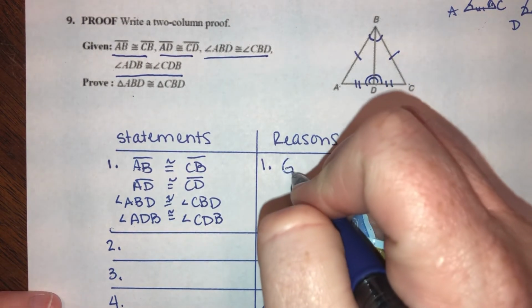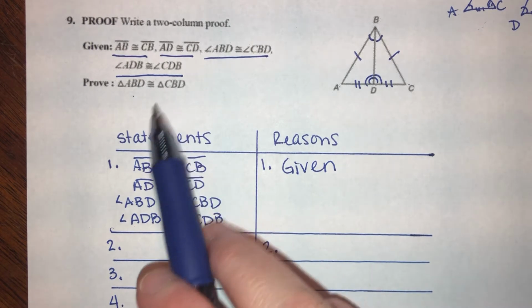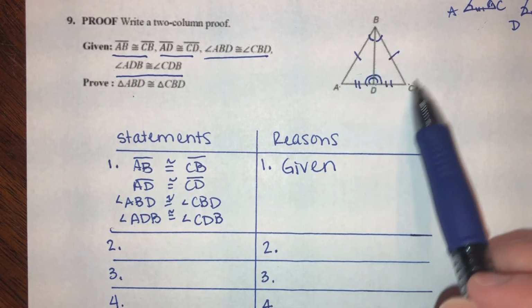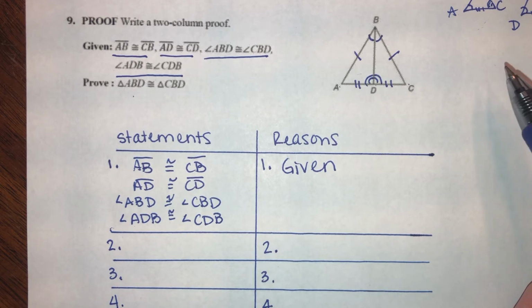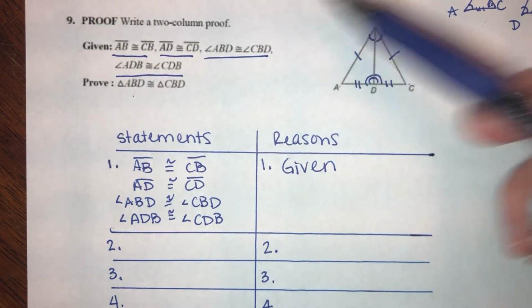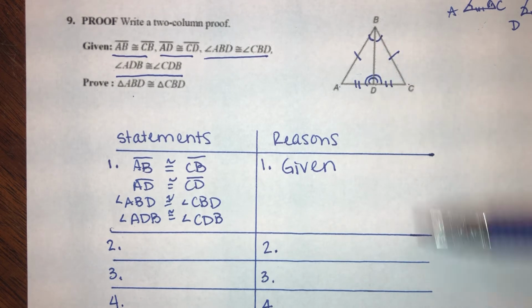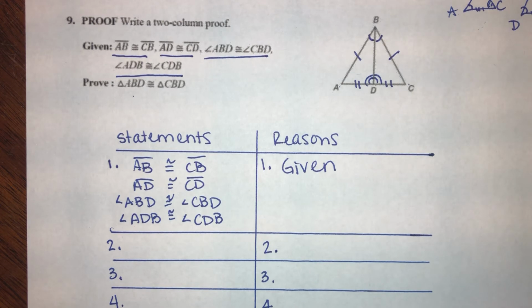So all that is given. In order for me to prove that this entire triangle is congruent to this entire triangle, I have to prove that all 6 parts, all 3 sides and all 3 angles, are congruent. They've already told me that 2 of the sides are congruent to these 2 sides and that these 2 angles are congruent to these 2 angles.